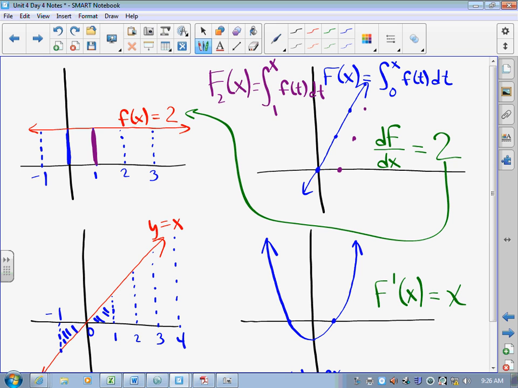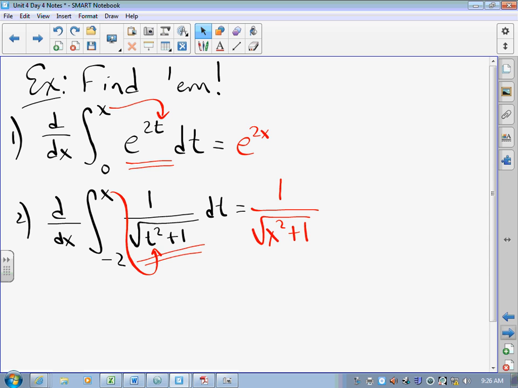And at x equals 3, we'd have an area of 4. We would have this function, which I drew badly, but you can imagine in your mind's eye that it looks exactly like the blue function. It's just been shifted. How far? That far. That green area is that distance right there. So the lower limit only affects vertical shift on a capital F graph. It does not affect derivatives, because vertical shift does not affect derivatives.